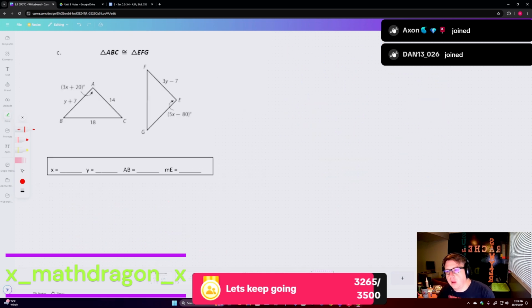Next, same kind of issue. Angle E. So angle A right here is equal to angle E. So angle A equals angle E by CPCFC. Corresponding parts of congruent figures are congruent. And we know they're congruent because it tells us they're congruent. And then we do substitution.